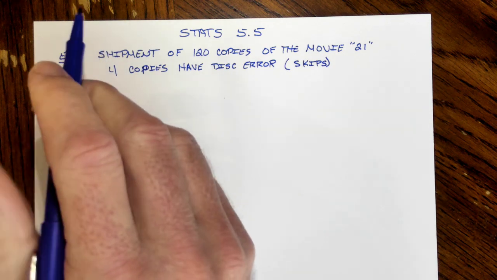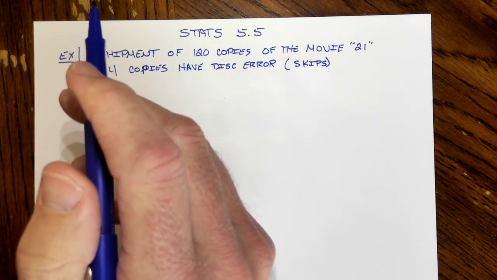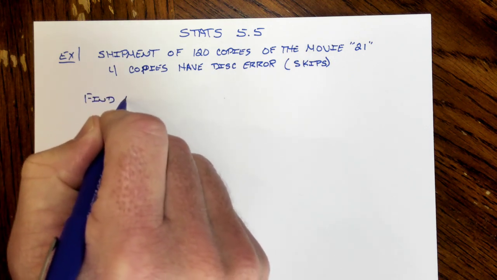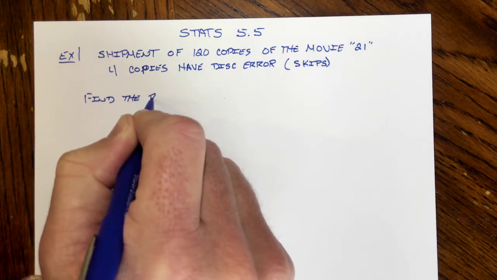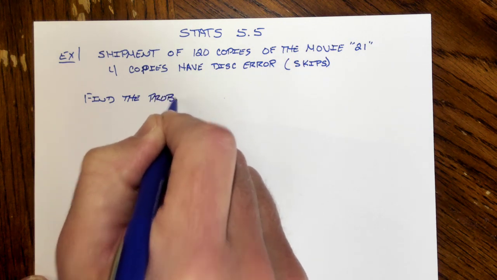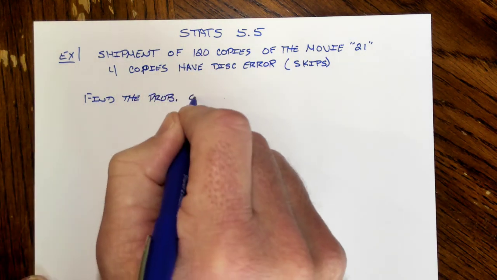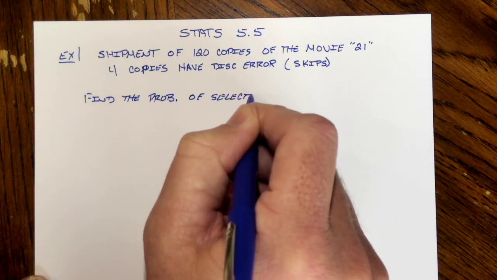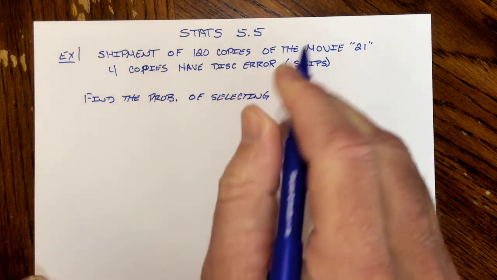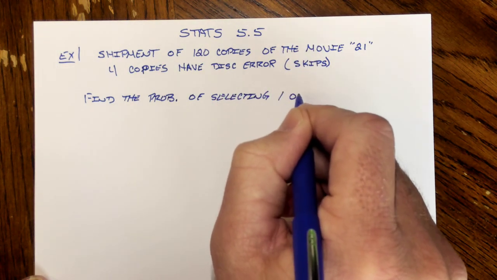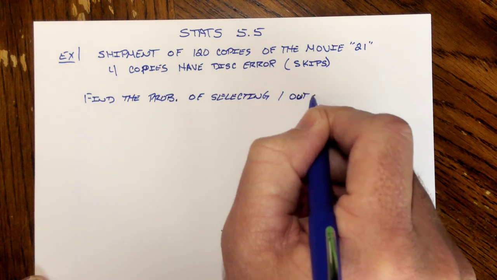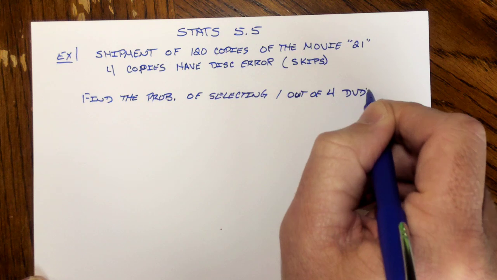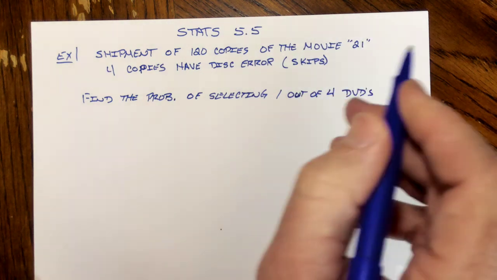So here's a couple different questions we have here, about two of them. First one, find the probability of selecting one out of four that skip.